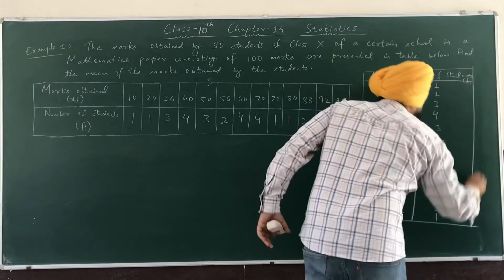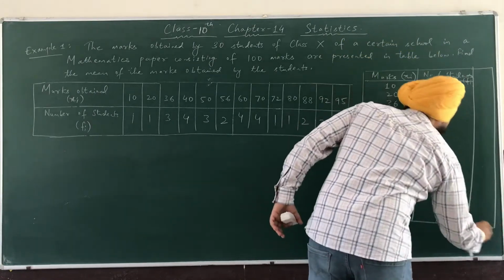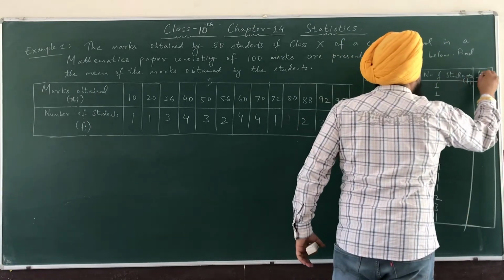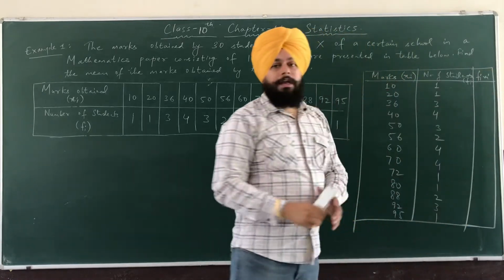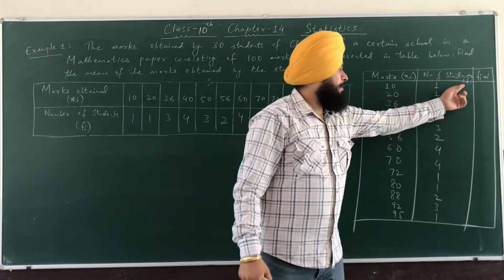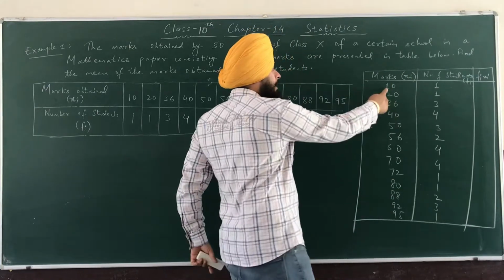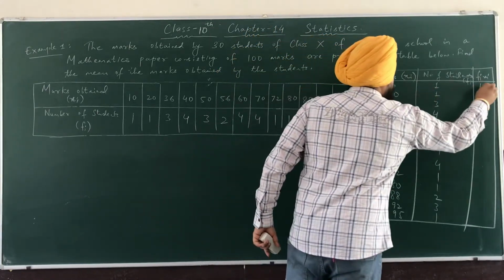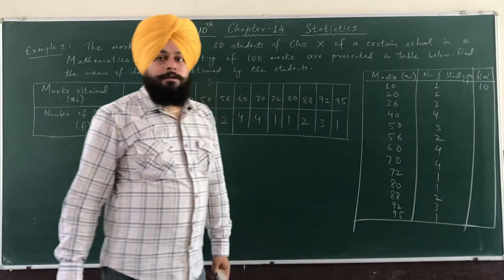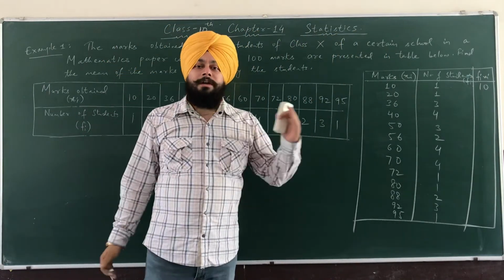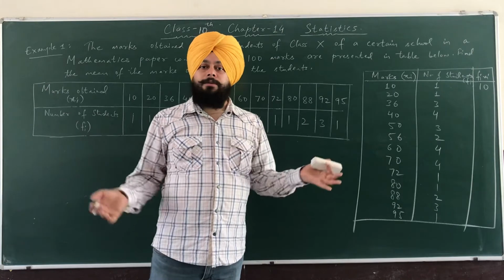Again, make another column in which you will find the product of fi and xi. So fi is the frequency and xi is the class mark. The first, you can see, is 10 into 1. So 10 ones are 10. Please students, आप frequency को और उसकी class mark को multiply करो.